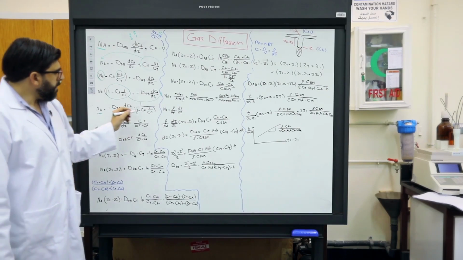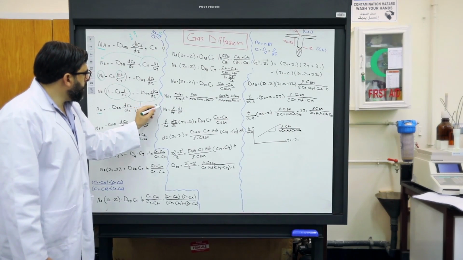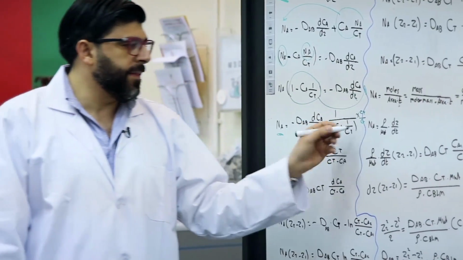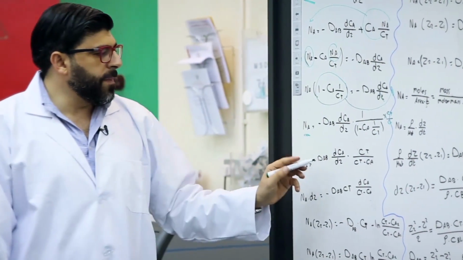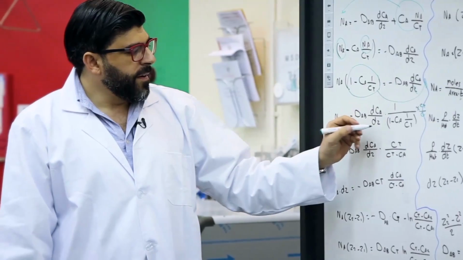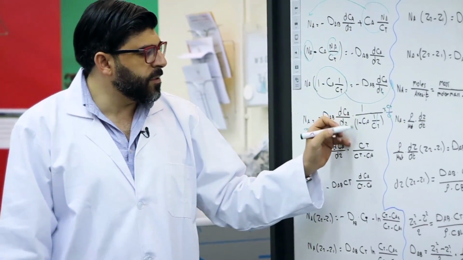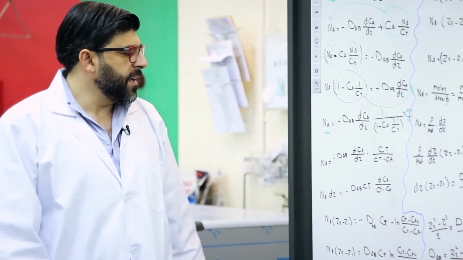Now if I multiply this part of the equation by C_T over C_T, which equals 1, the C_T will cancel and it will be C_T over (C_T minus C_A).